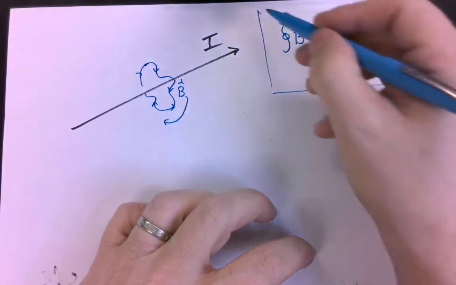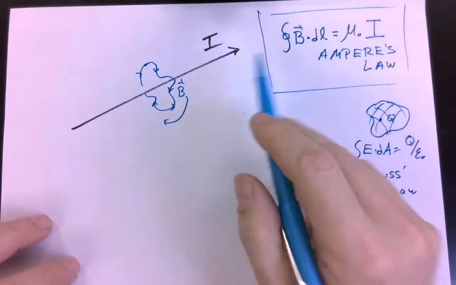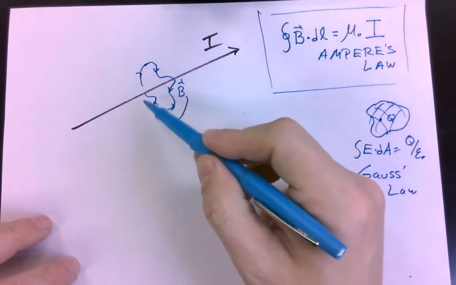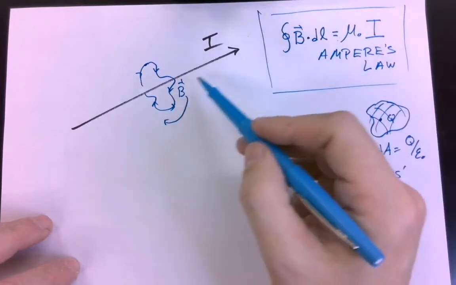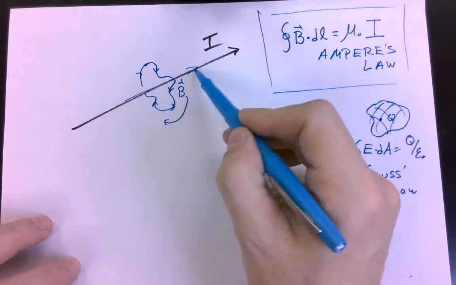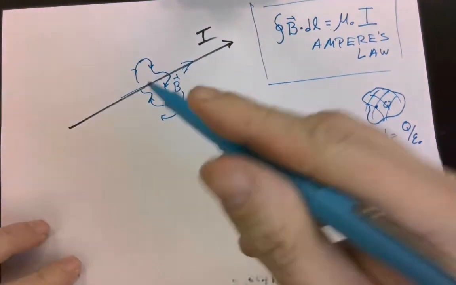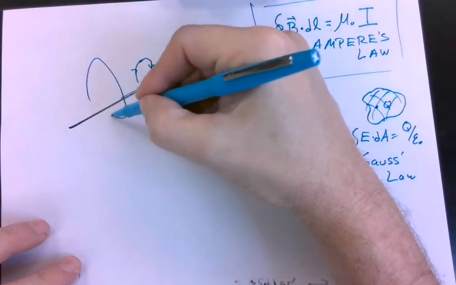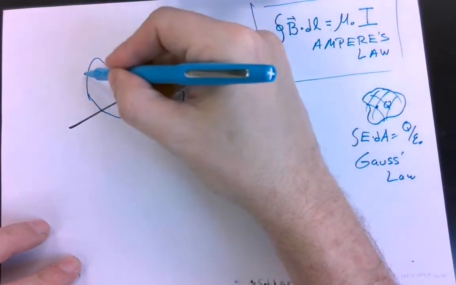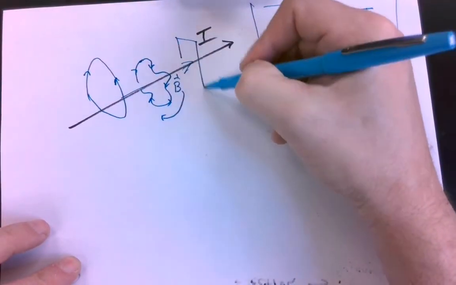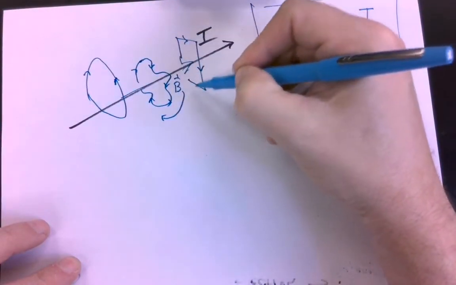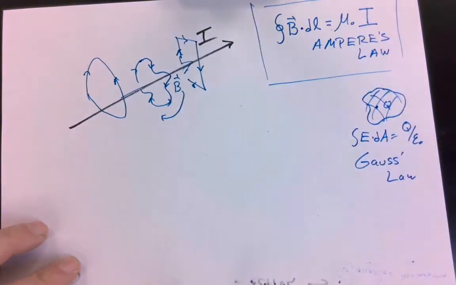Ampere's law for magnetism says the integral of B, the magnetic field around any closed loop, is equal to mu zero times the current through that loop. It is true for any path, just like Gauss's law is true for any surface, that the magnetic field integrated around that loop is going to be equal to mu zero times the current through that loop.